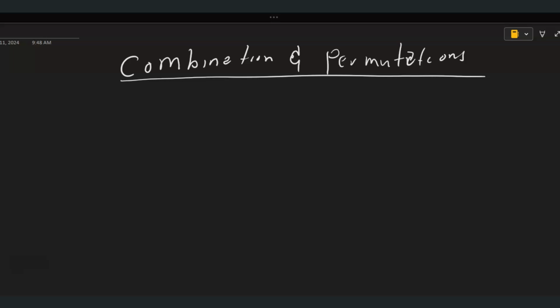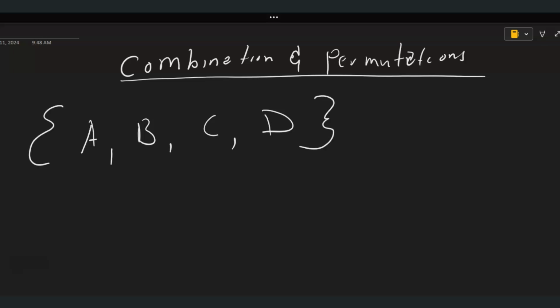So if we have a group of 10 people, how many ways can I select maybe 3 people from that number? So if I have, say, A, B, C, and D, and I want to select 2 letters from this particular group, how do I do it?